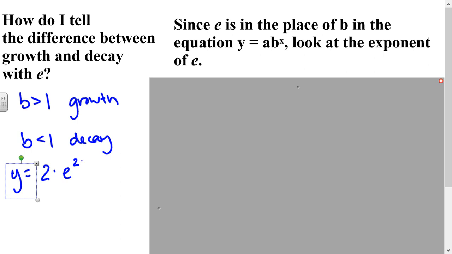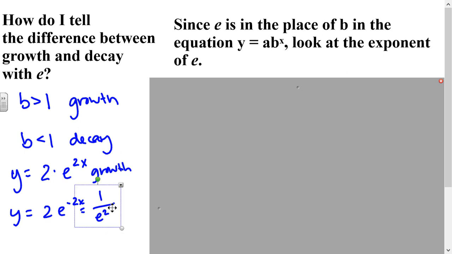And if I had x here, then e squared would still be a whole number greater than 1, so it would be a growth. But if e has a negative exponent, like e to the negative 2x, then that would be like 1 over e squared, which would make it less than 1. So that would be a decay.